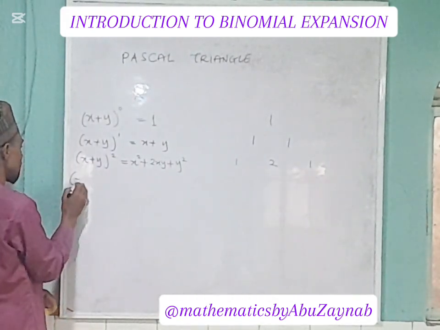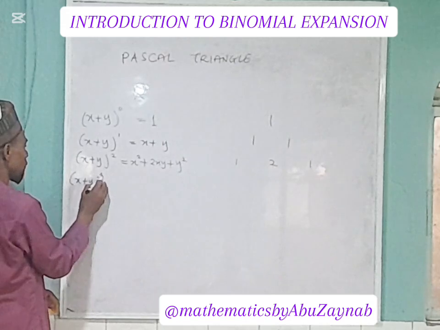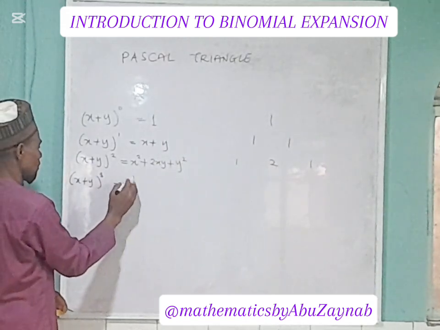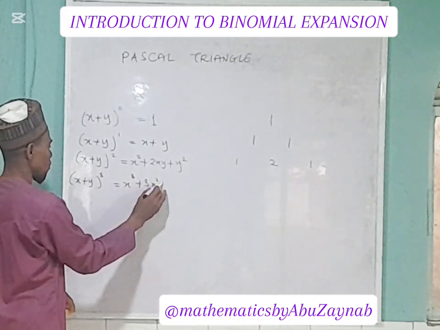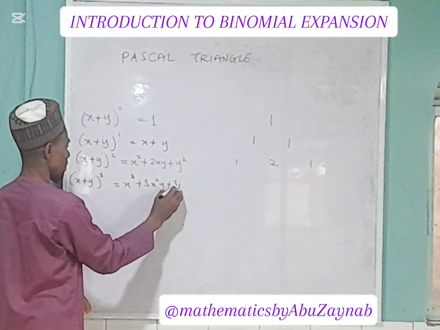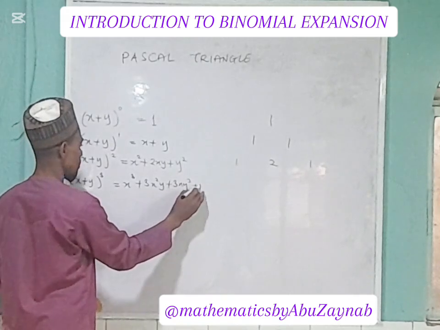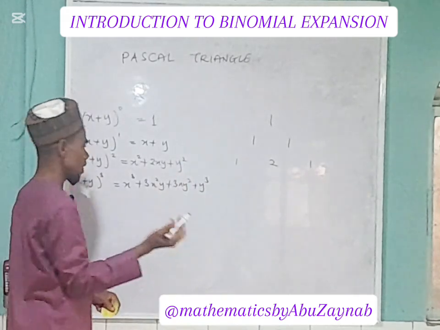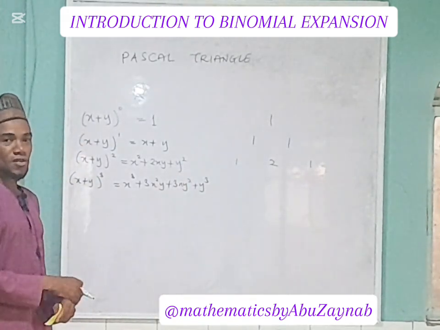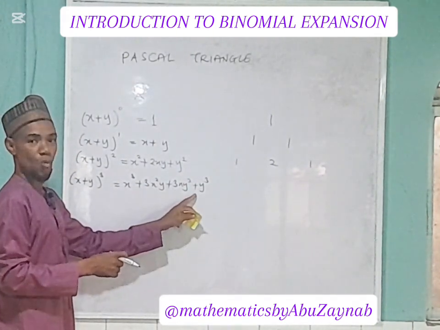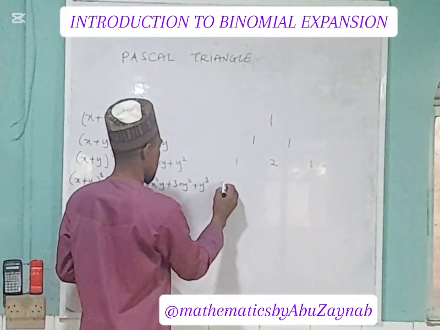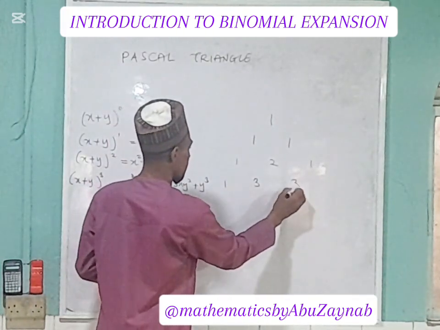If you go further to have x plus y to the power of 3, that gives us in expanding x cubed plus 3x squared y plus 3xy squared plus y cubed. Once again, we pick out the coefficients, and these are 1, 3, 3, and then 1. So you have what here? 1, 3, 3, and 1.